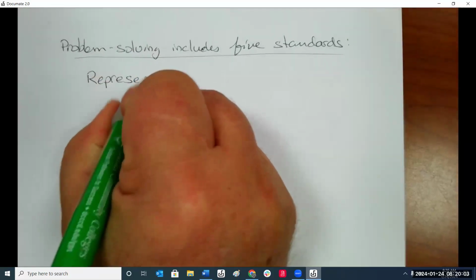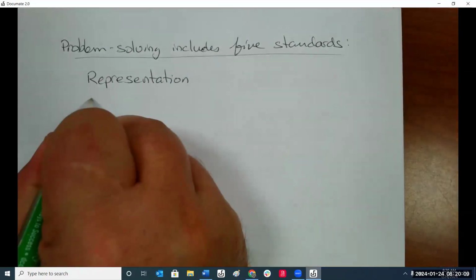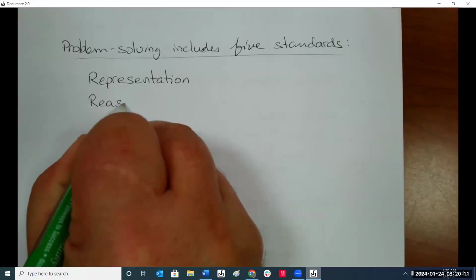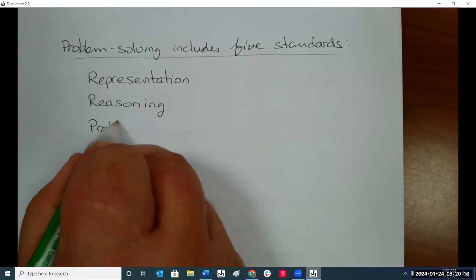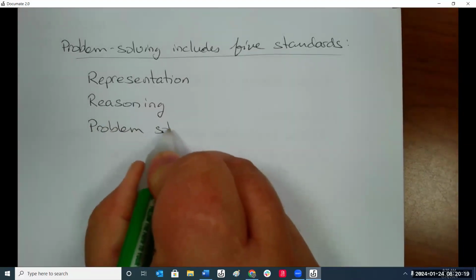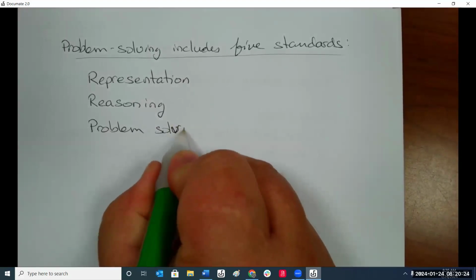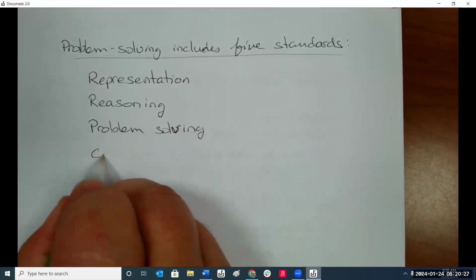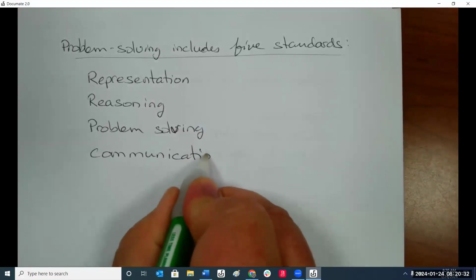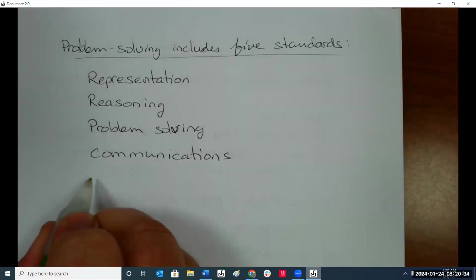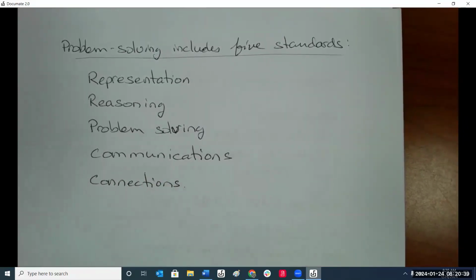Representation. Reasoning. Solving a problem. Communications. Connections. Let's look at those.